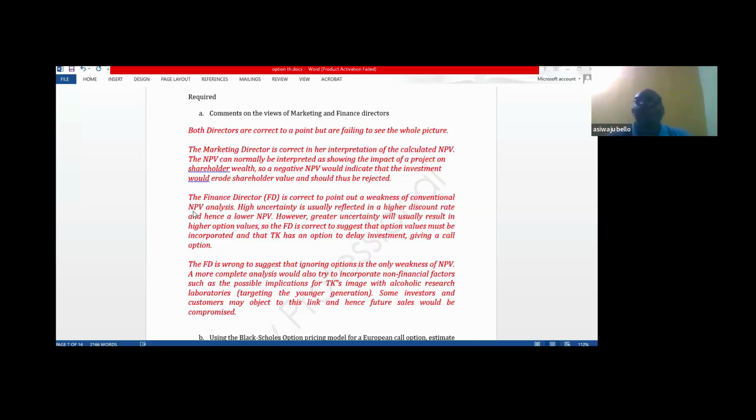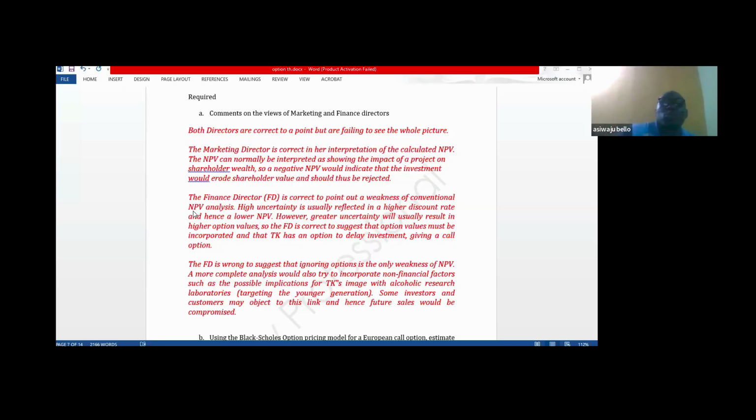However, the finance director is wrong to suggest that ignoring option is the only limitation of NPV. The net present value is a financial evaluation of projects.